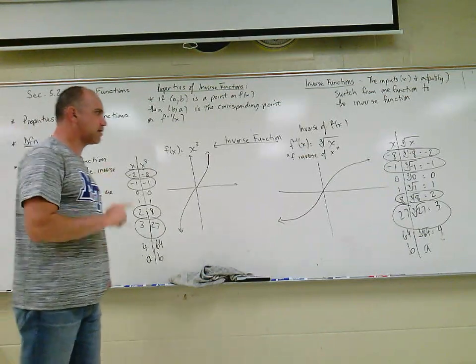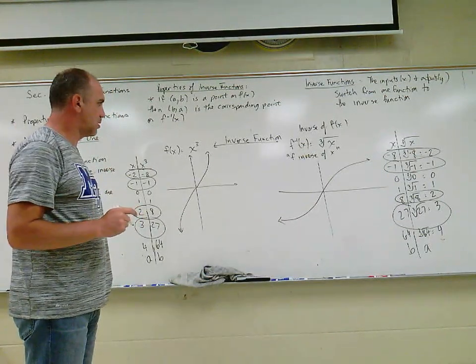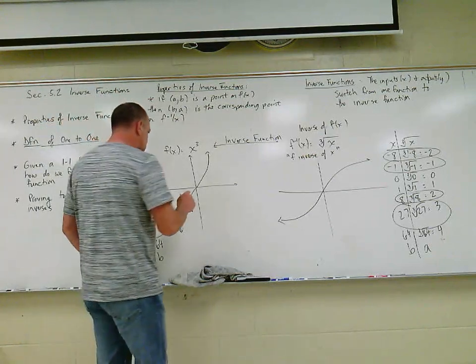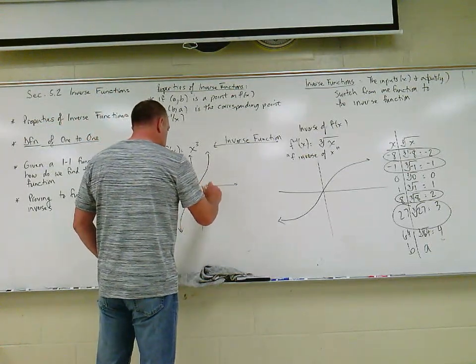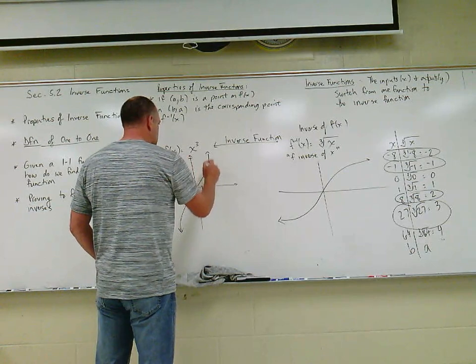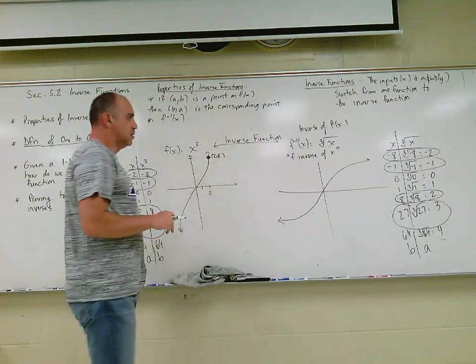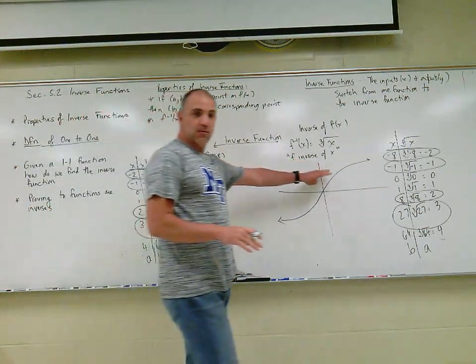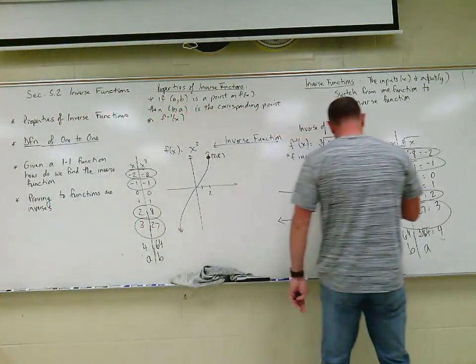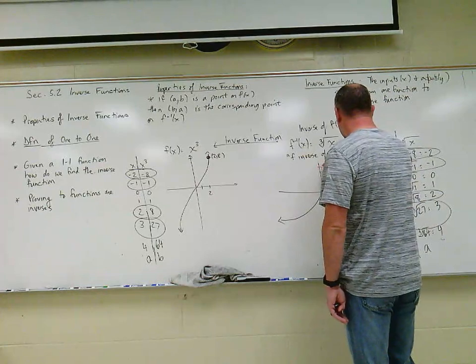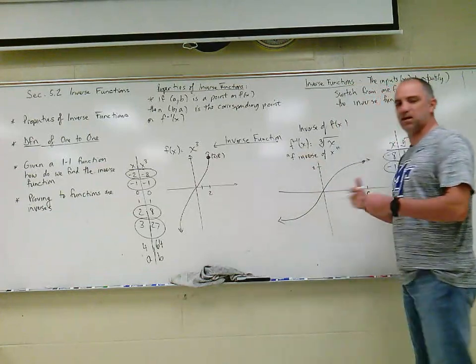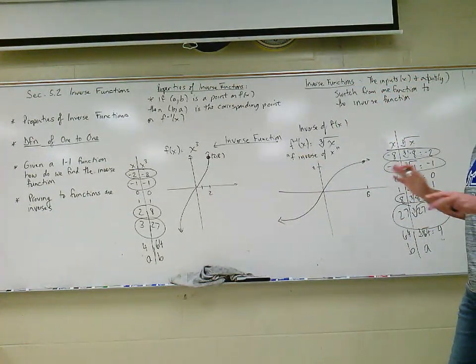So let's just track these two and see what I'm talking about here. So for instance, (2, 8), somewhere up here. This one has the point (2, 8), okay? So the inverse of f should have the point (8, 2), which we discussed, all right? But it's kind of hard to recognize what this means when we leave them separate.